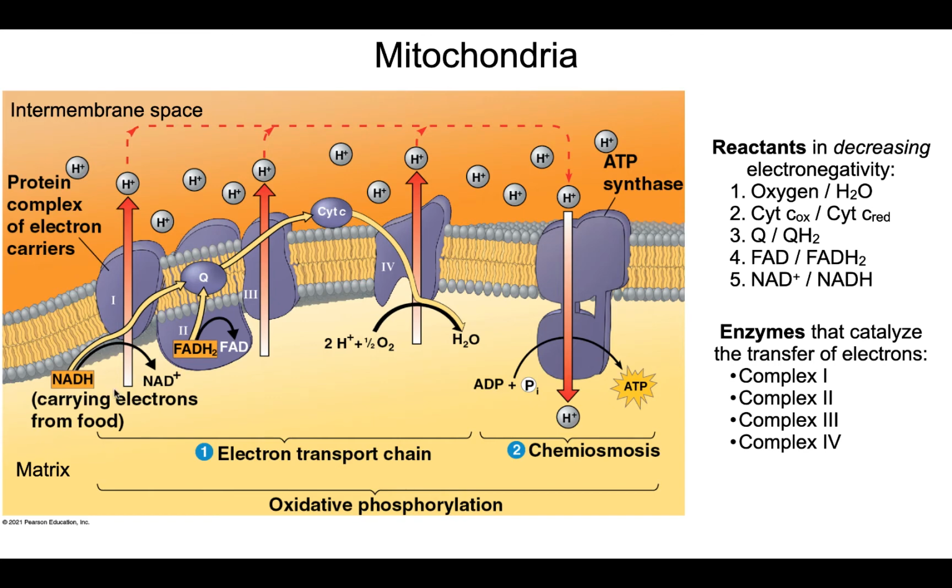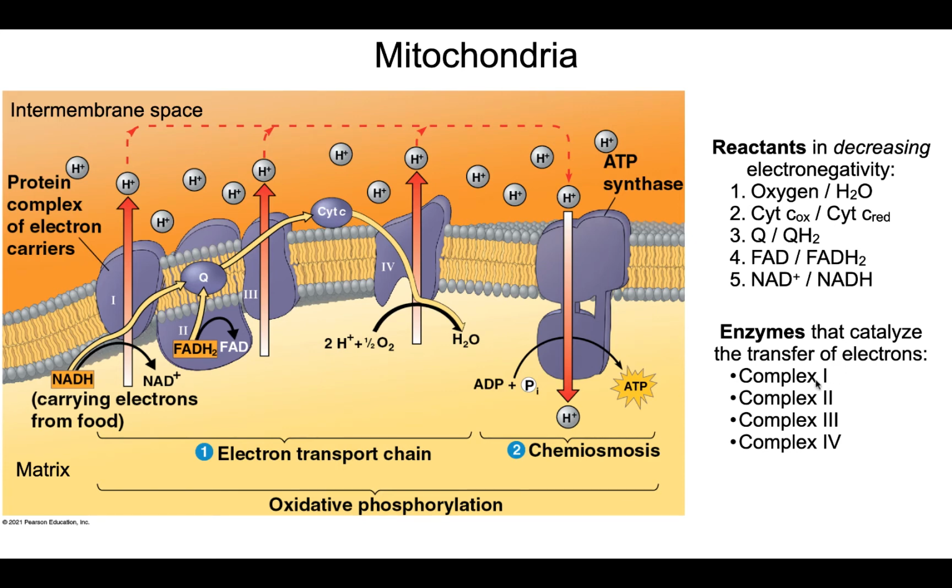Now each one of these is an intermediate of various reactions, meaning there are enzymes that catalyze whatever reaction they are involved in, that catalyze these redox reactions. So what are the enzymes that catalyze the oxidation and the reduction of each one of these intermediates?